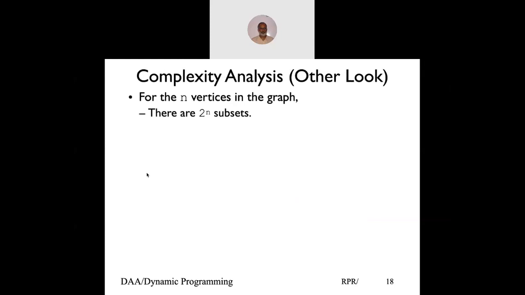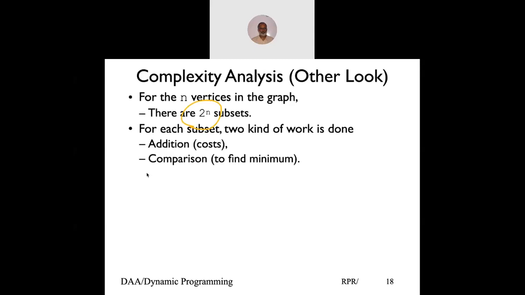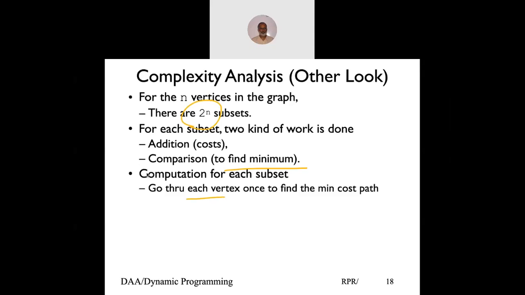If you look at n vertices generically, there are 2 raised to power n subsets, and for each subset we do basically two kinds of work: finding the minimum and the addition for each vertex. So for each set, first look at each vertex, and then for each vertex we need to find the minimum.